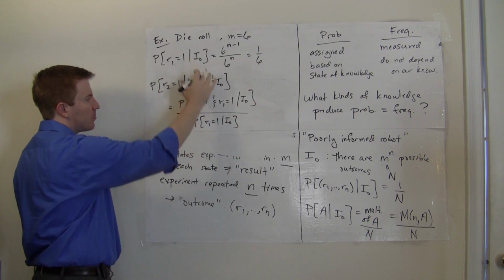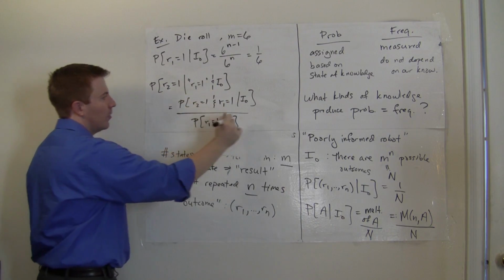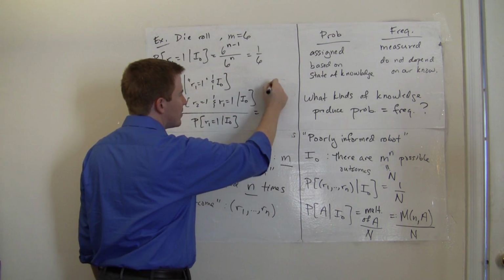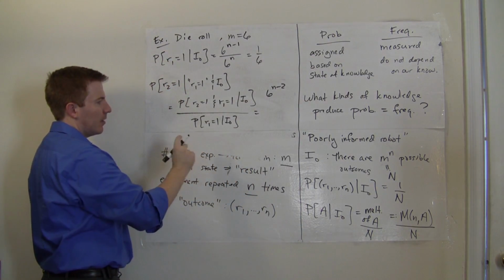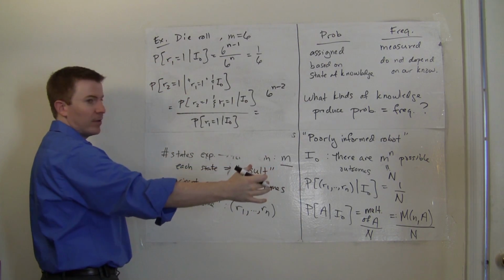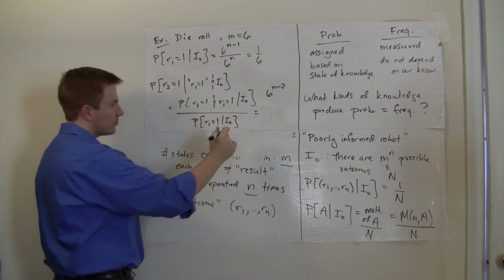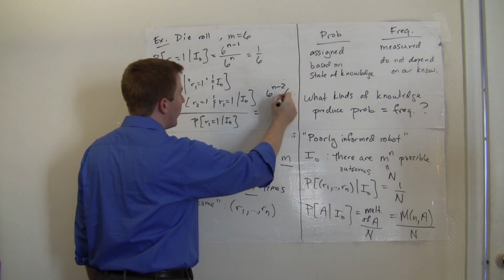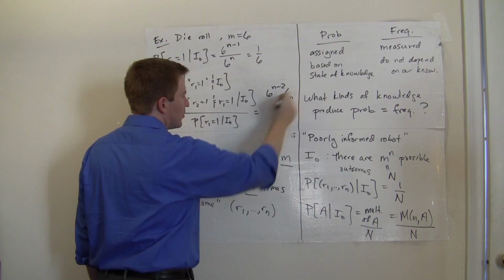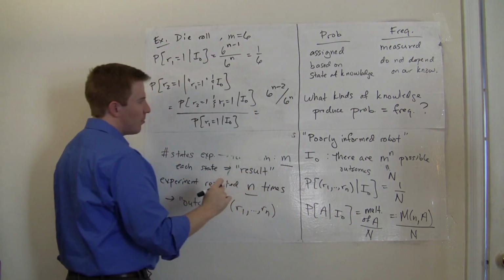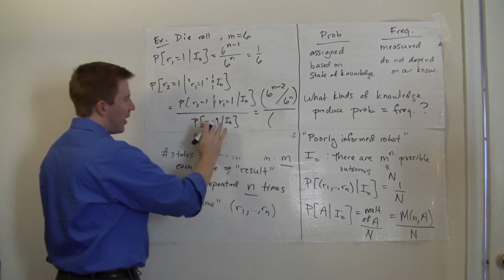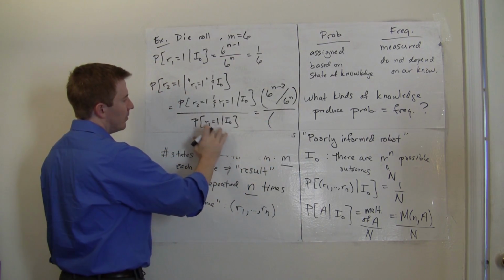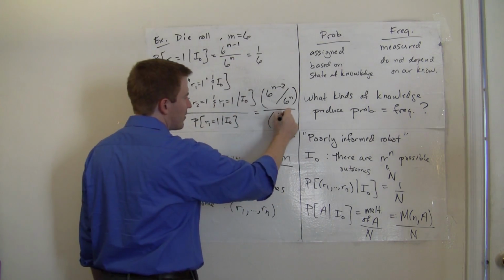Well, same kind of argument as before. If we fix the first 2, we have 6 to the n minus 2 remaining possibilities for the rest of the dice rolls. We have to divide by our total number of outcomes, which is 6 to the n. All of that is now divided by the probability of R1 equals 1. That's what we got before, that's a 6th.